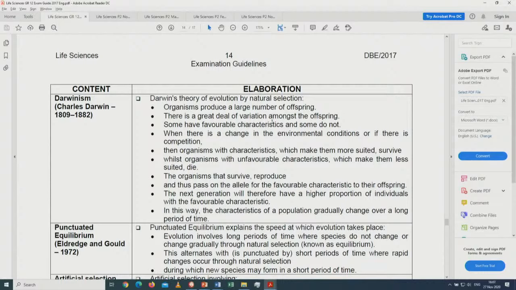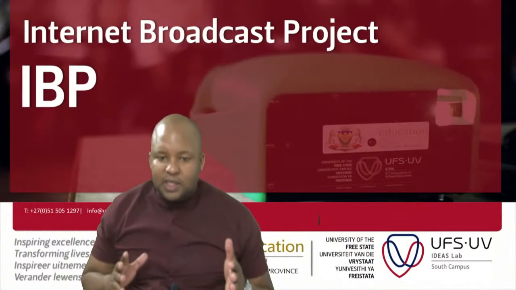The next generation will therefore have a higher proportion of individuals with favorable characteristics. In this way, the characteristics of a population gradually change over a long period of time. Now this is the generic way of answering Darwin's theory of evolution by natural selection.